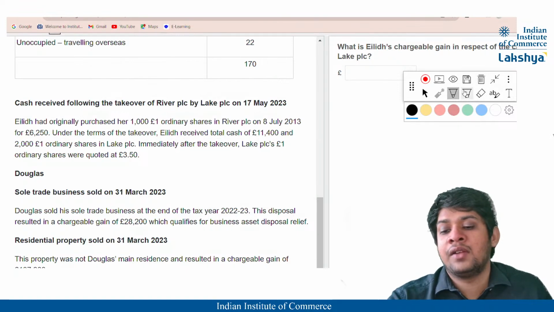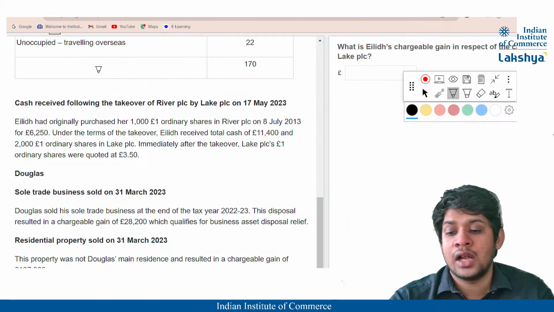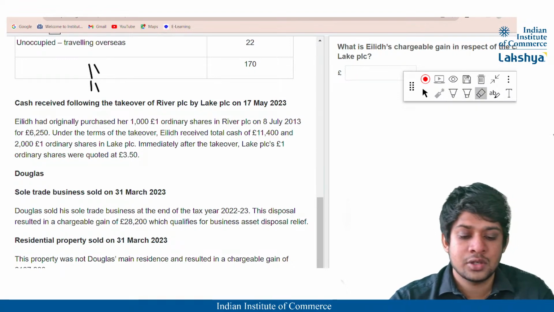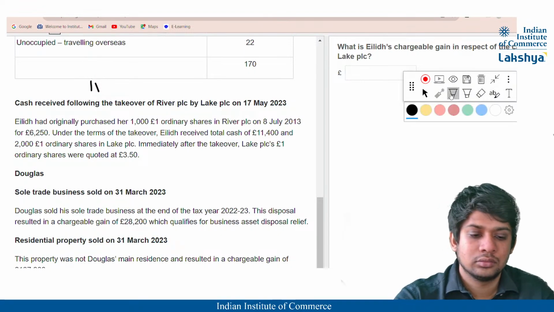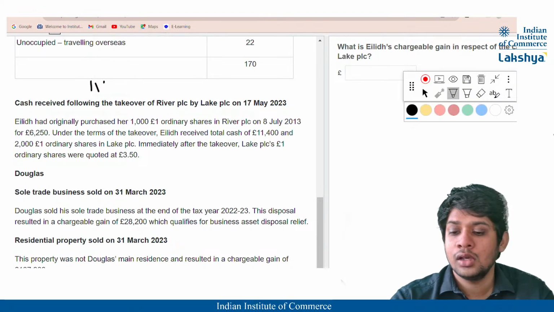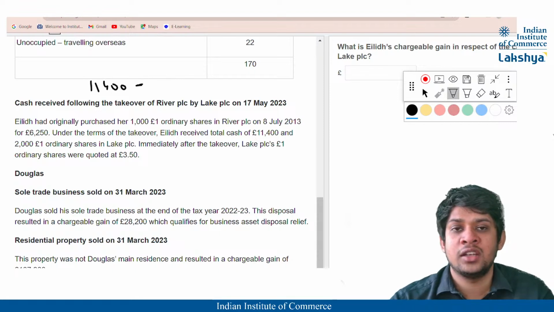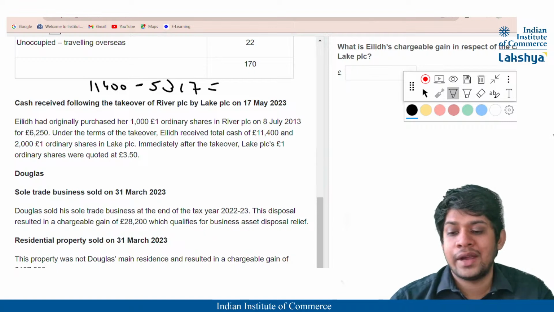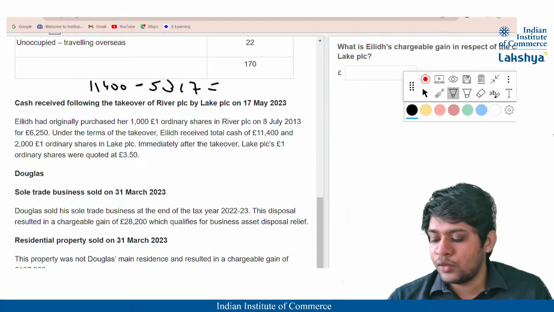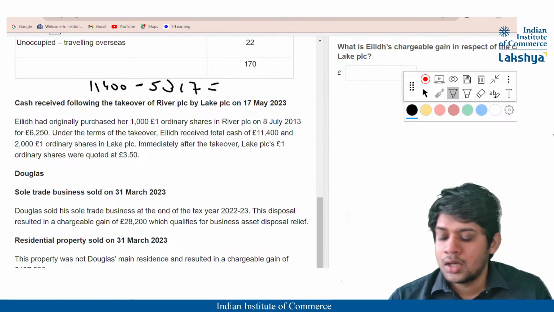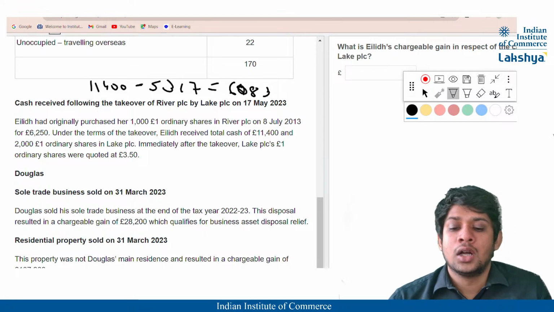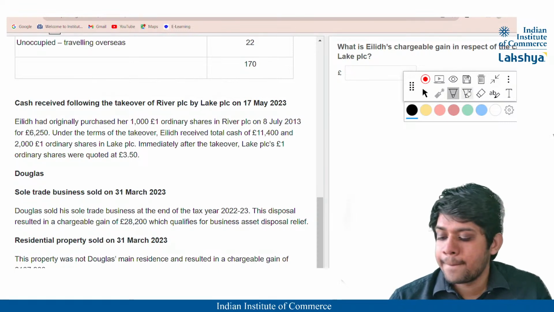Correct guys? 5317 is the cost and she sold it and she got cash of 11,400. So there is some issue. 11,400 she received minus the cost we identified, 5317, by cross multiplying. So 11,400 minus 5317, 6083, is going to be her chargeable gain. Okay guys, I hope it is clear to you all.